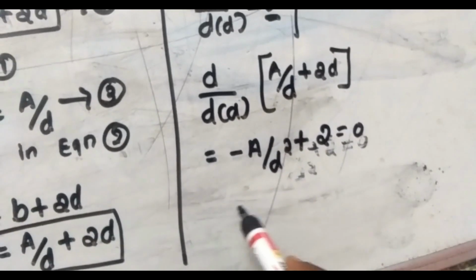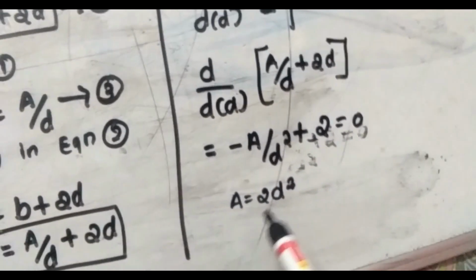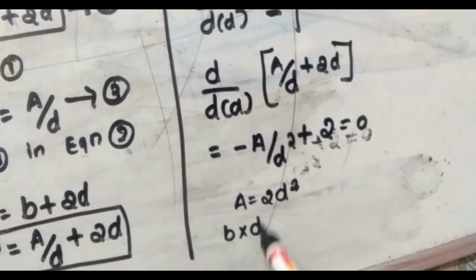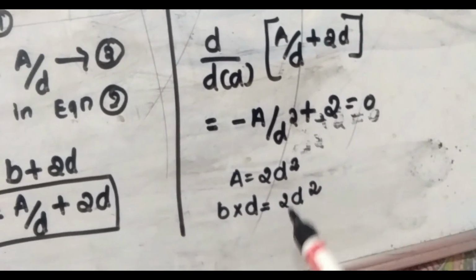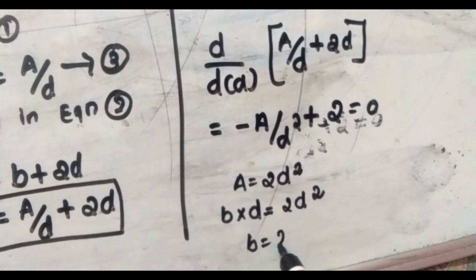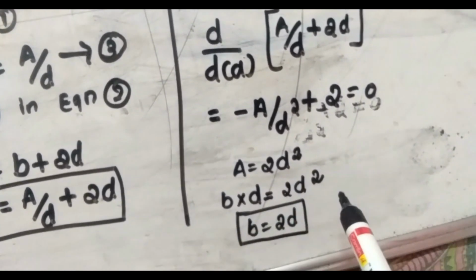So A is equal to 2D square. B into D is equal to 2D square. So B is equal to 2D.